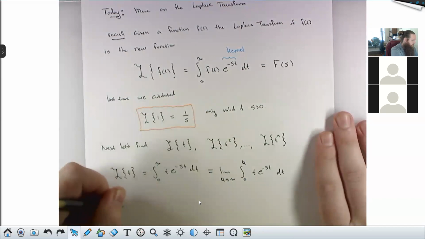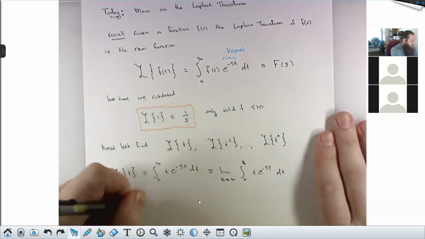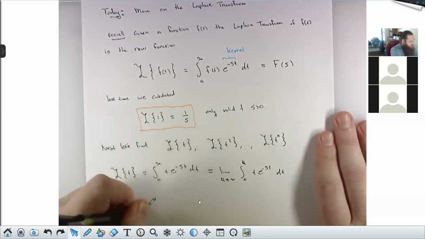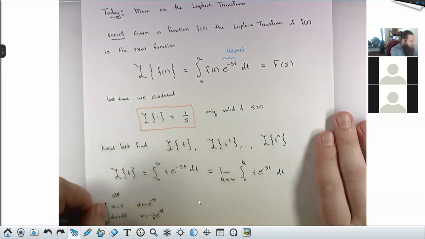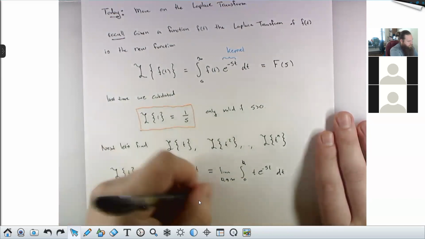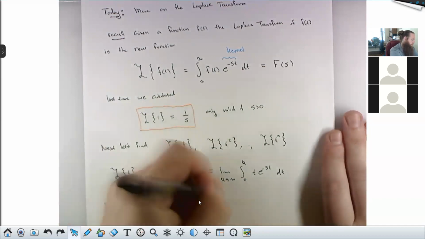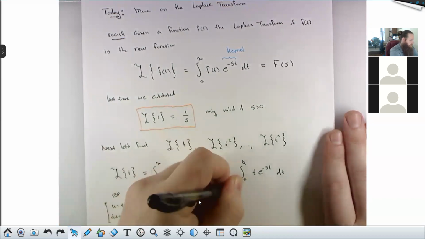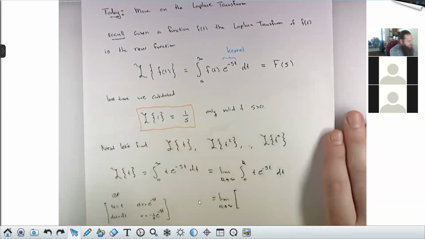Here I would pick u to be t and dv to be e to the negative st. du is dt, and v is negative 1 over s e to the negative st. So here I'll get the limit as r goes to infinity. Open up a big bracket right here, and then we'll have u times v evaluated from 0 to r.